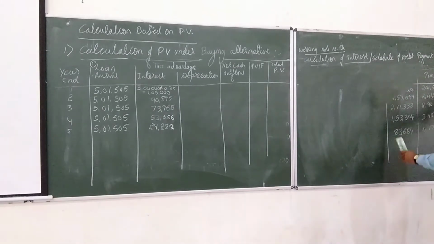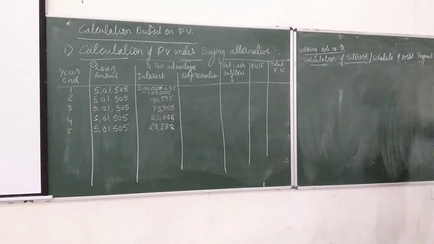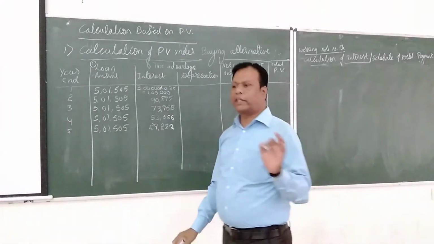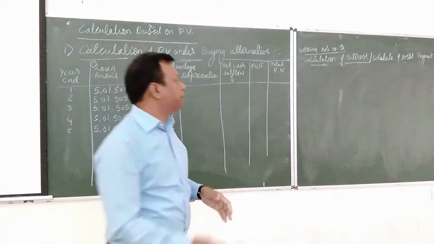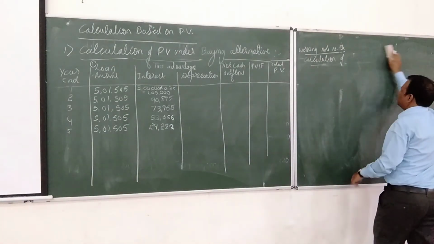Or if you want, you can write one more column here, tax advantage, if you are confused with that. Okay. So now what you should do? You should go for working note number 3, calculation of depreciation tax shield.